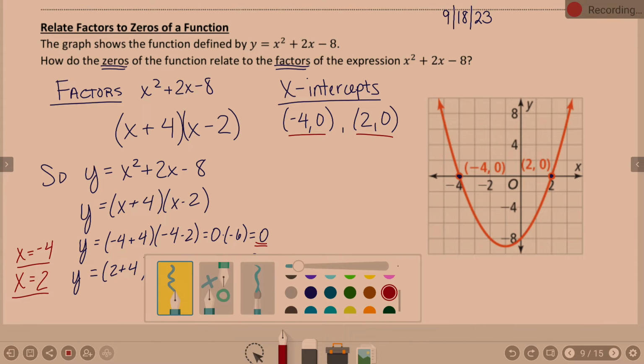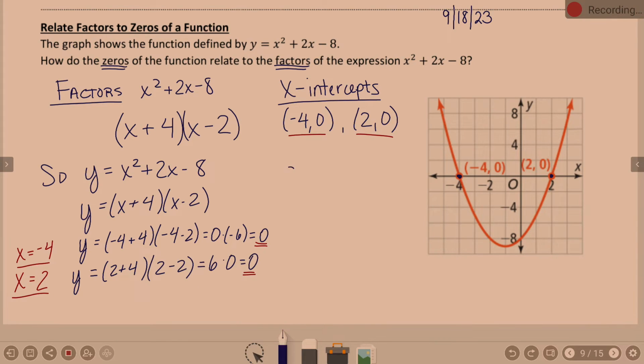The vocabulary that you need to be familiar with, and what they're going to ask you today, is to find your zeros. That's a vocab word you might see on something like the PSAT that you guys have coming up, to find your zeros. So the zeros are x equals -4 and 2.